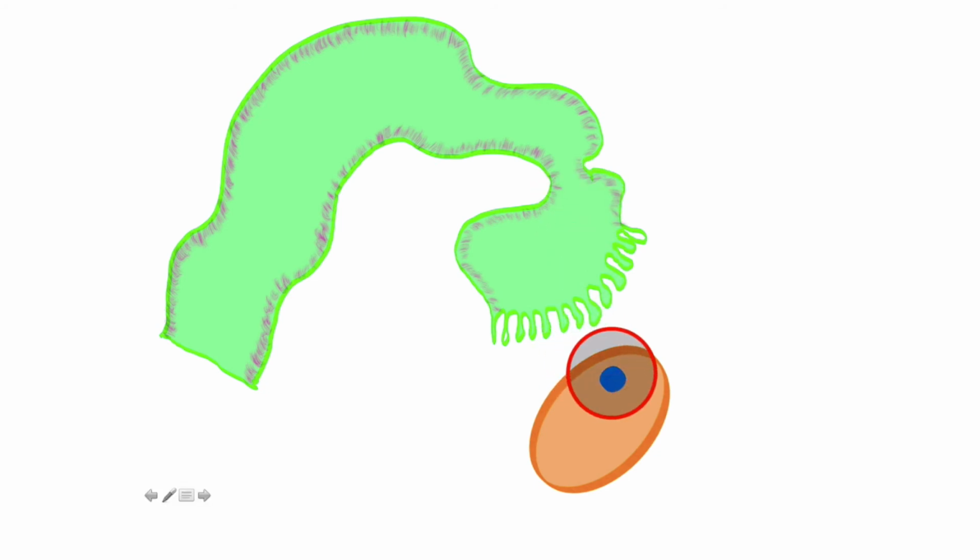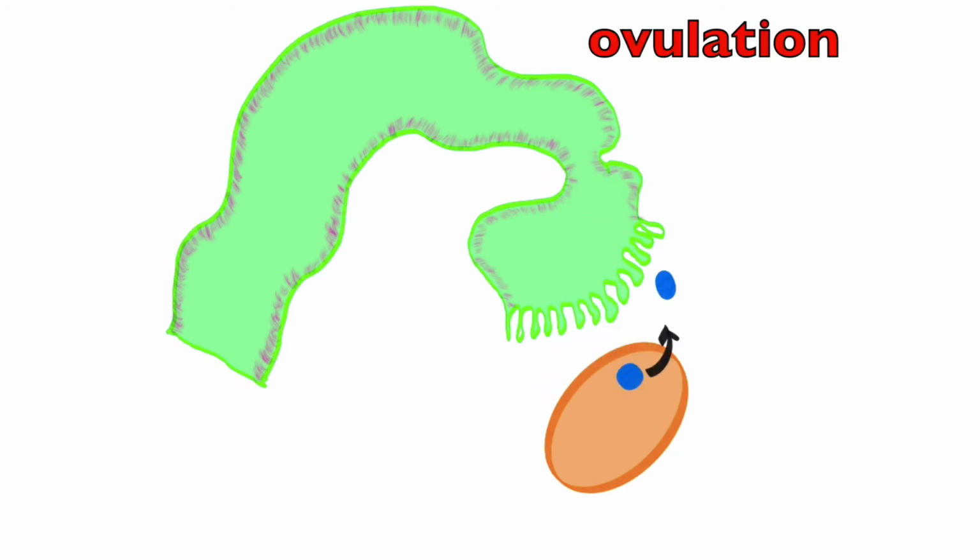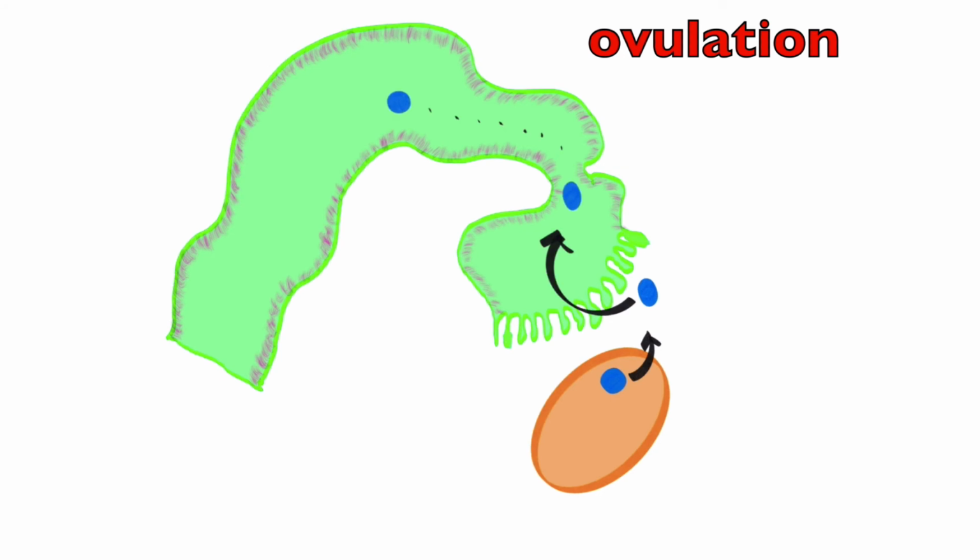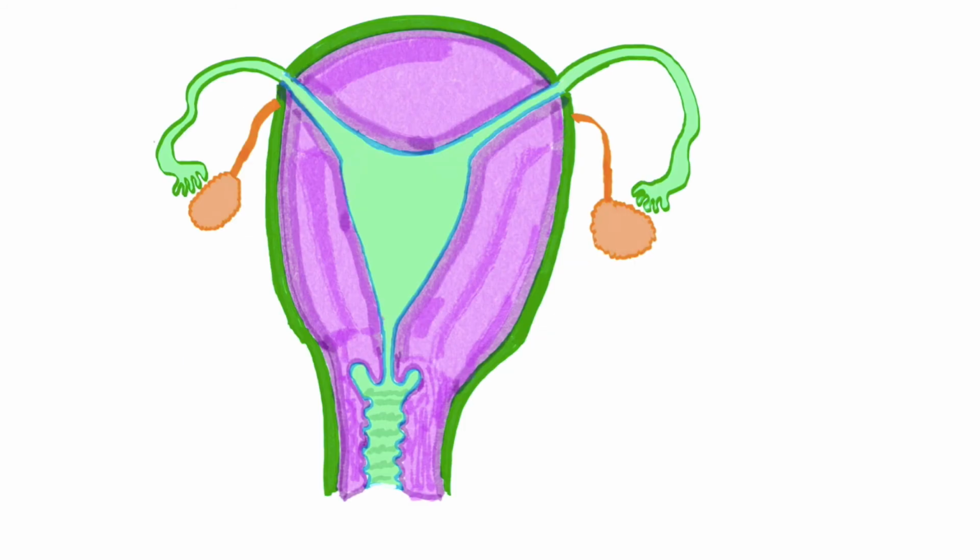Here's the developing egg within the ovary, and when the egg gets released, that is known as ovulation. The fimbriae are then going to sweep that ovulated egg into the uterine tube. Then the cilia will help propel that egg down the uterine tube into the uterus.